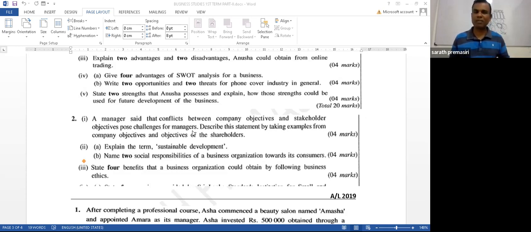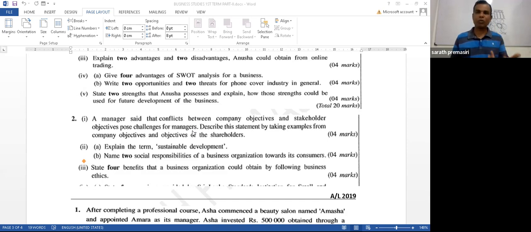Now here it is emphasized that the manager said there is conflict between the company objectives. The company as a unit, as an individual, has separate objectives, and different stakeholders have different objectives. According to the manager, company objectives are conflicting with the stakeholders' objectives.